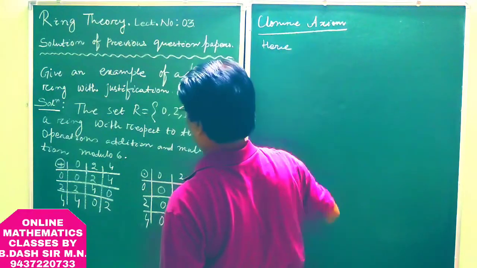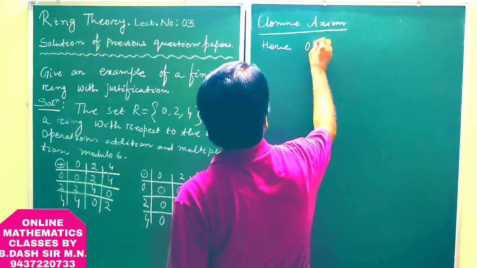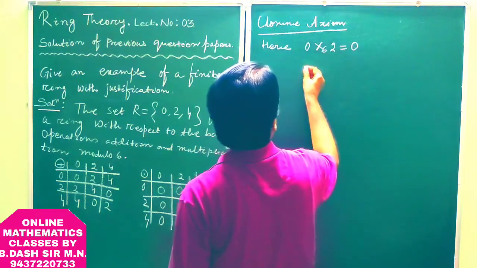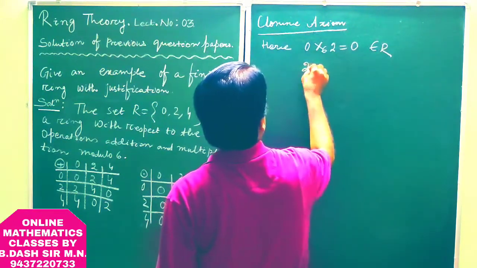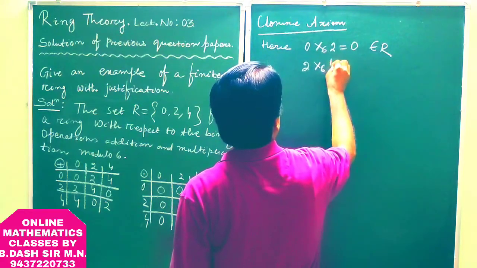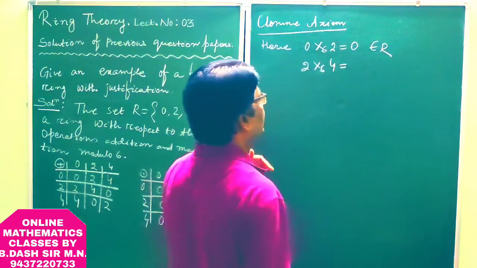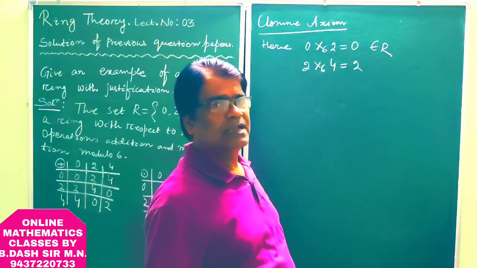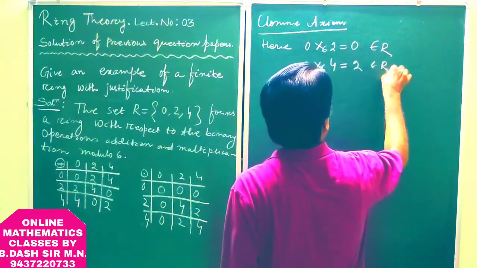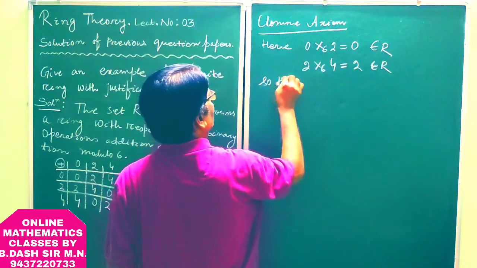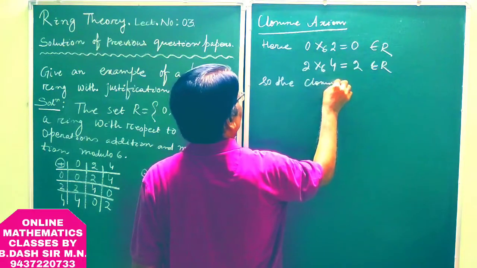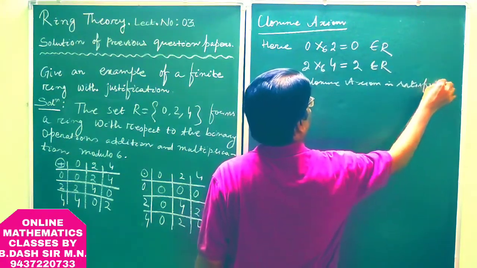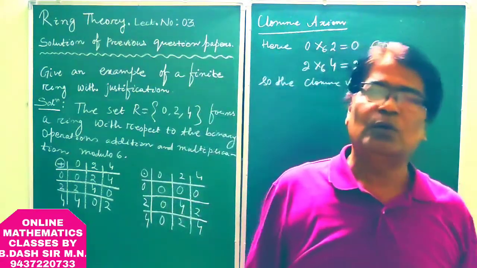Here, 0 into 2 is equal to 0, which belongs to R. 2 into 4 is equal to 2, because 2 into 4 is 8, and after division with 6 it gives remainder 2, which belongs to R. So the closure axiom is satisfied with respect to multiplication modulo 6.